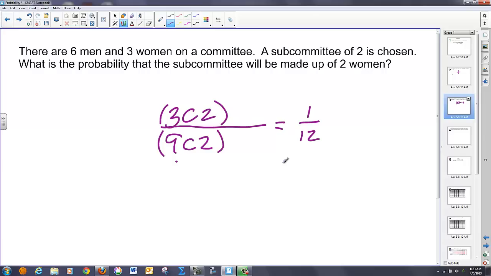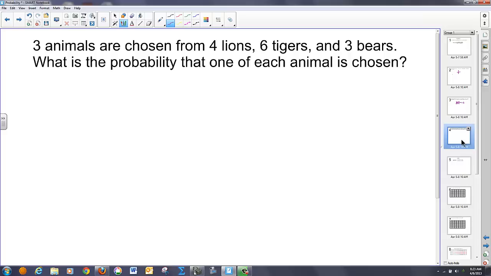Let's move on to the next example. Very similar example. You've got 3 animals that you're going to choose from a total of 13, and you want to ensure that you have 1 of each animal chosen. So again, we're going to ensure we take 1 from the lions, 1 from the tigers, and 1 from the bears.